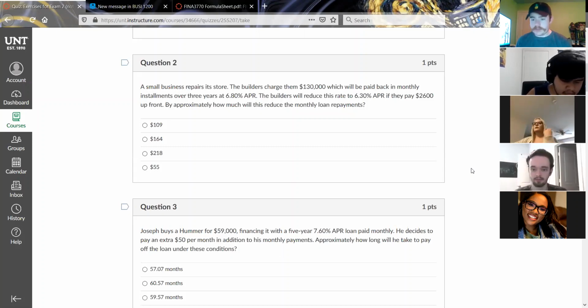Is the 130,000 negative? Are the 130,000 and the 127,400 both negative? I don't think that should give you anything different. I didn't put in a negative at all, and I still got the right answer. It just changes the sign of the payment, but it should be the same number.